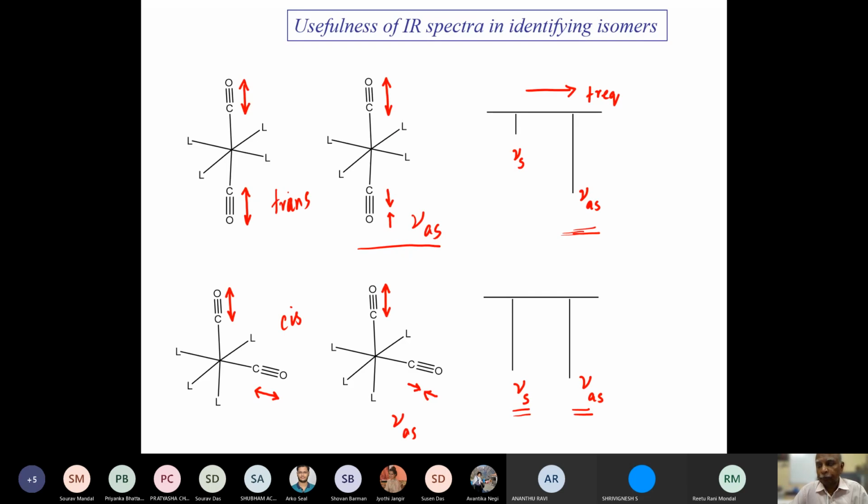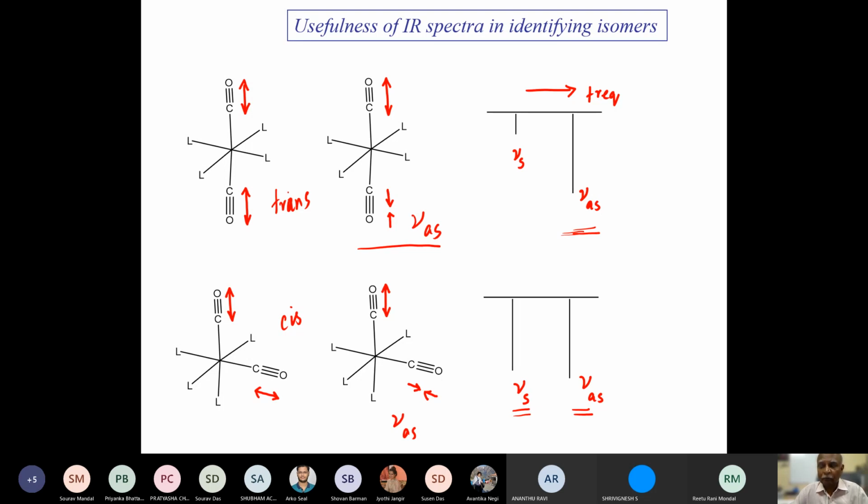So let me now tell you why carbon monoxide stretching frequency is such a valuable signature for metal carbon monoxide complexes. Not just a signature, but it also gives us insight into the structure of the molecule. For example, if I have two carbon monoxides, these two metal carbonyl stretches can couple with each other.